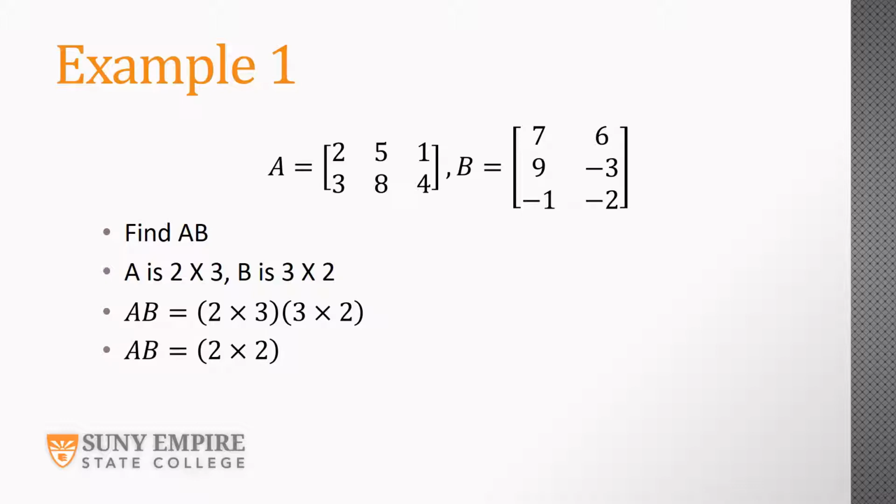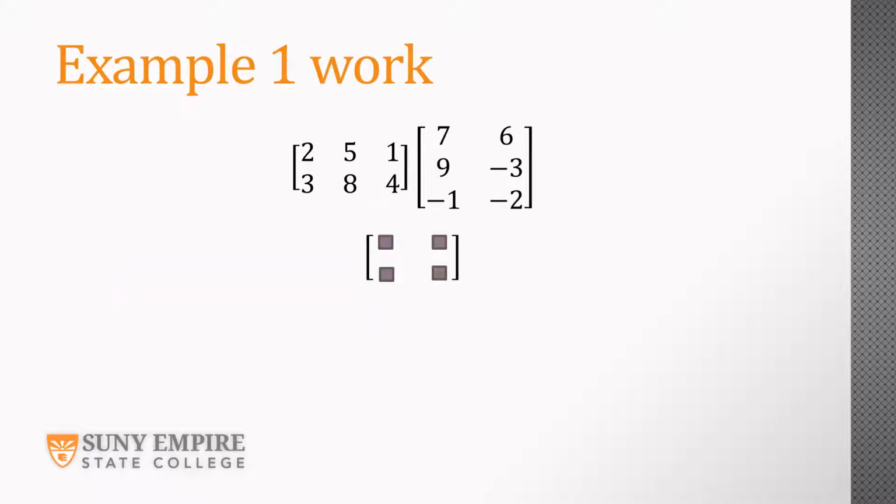Now, let's actually do the multiplication. First, we will write the matrices next to each other in the order we will do the multiplication. We also know that we will have a result of a matrix that is 2 by 2. So we can set up our matrix with its 4 empty positions.